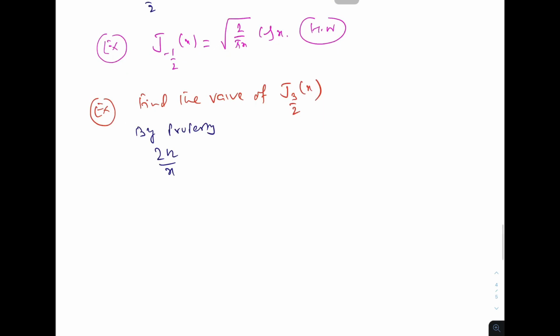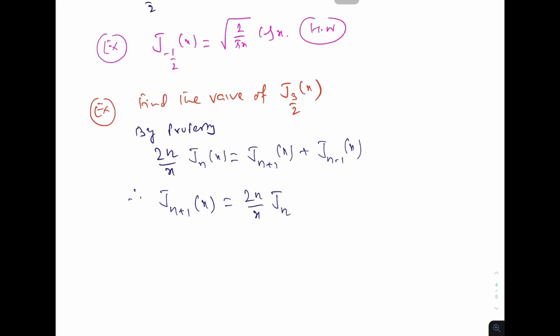So that is 2n by x jn x equal to jn plus 1 x plus jn minus 1 x, and therefore jn plus 1 x equals 2n by x jn x minus jn minus 1 x.